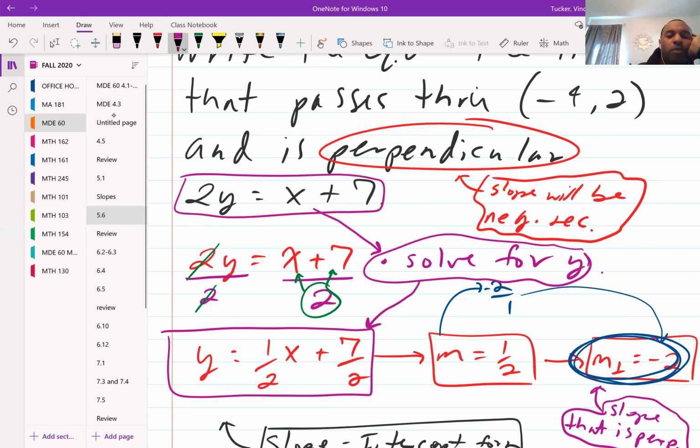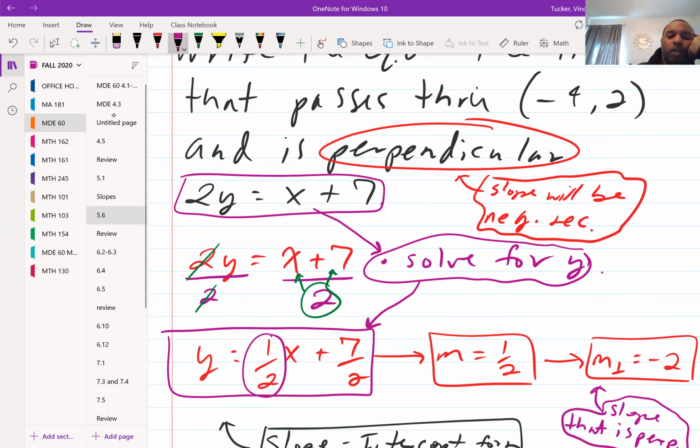All right, so we took that equation and solved it for y. So that means the slope of this line is 1/2.